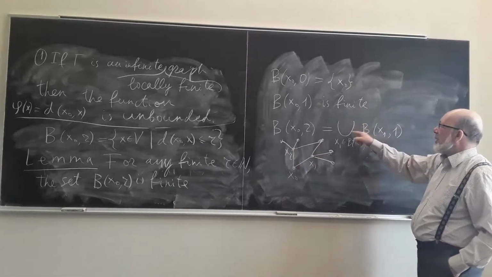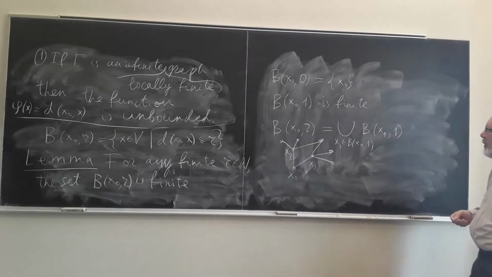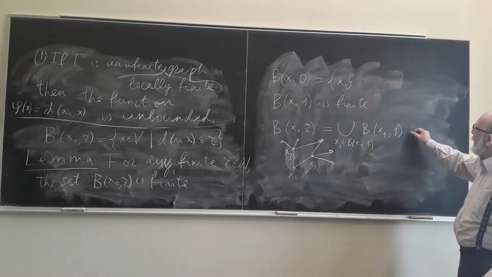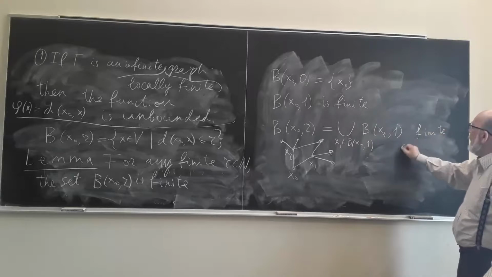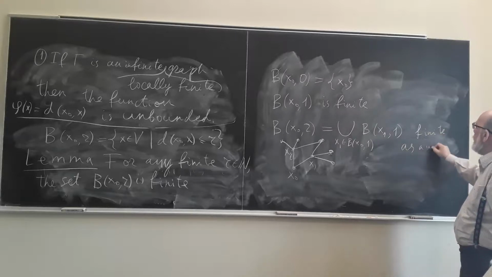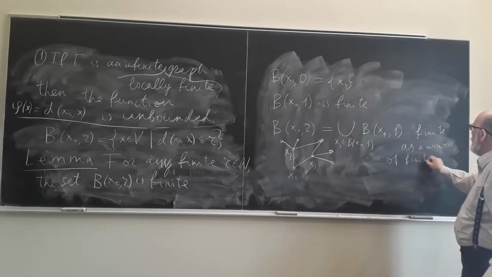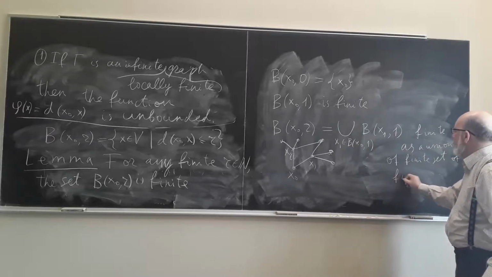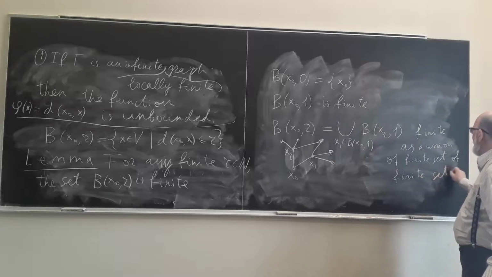So some of these sets can have intersection. Yeah. So it is finite as a union of finite sets.